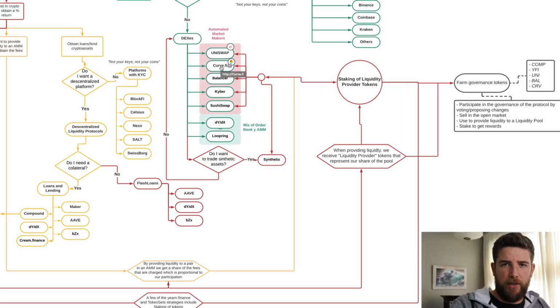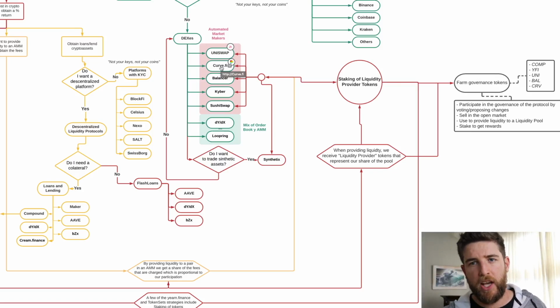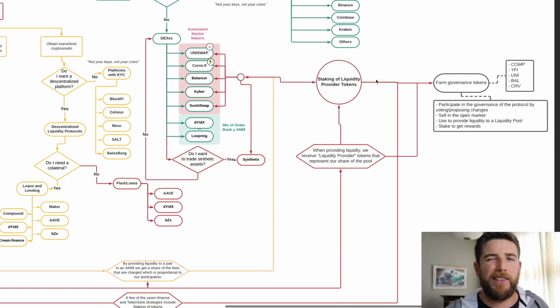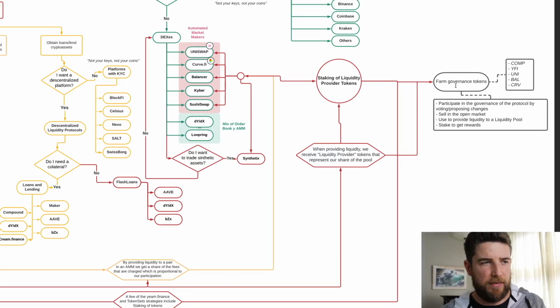You provide liquidity, you get those liquidity provider tokens, and then you go to the platform and stake those liquidity provider tokens. At the same time, you get those governance tokens, and that is what is called farming. This is farming a governance token, or farming something in DeFi.